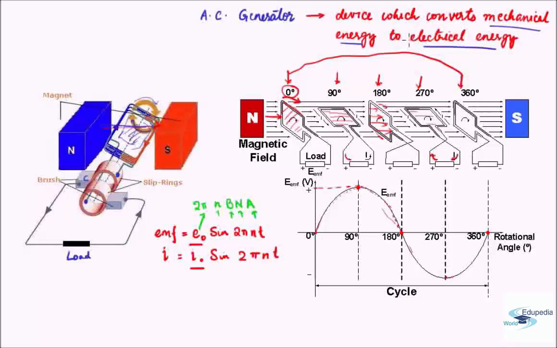DC motor works on the principle of Lorentz force. The Lorentz force created actually leads to the movement. Okay, and one thing is that in AC generator you need to move this manually, thereby providing the mechanical energy. In DC motor, the movement is the result of the current you are applying.